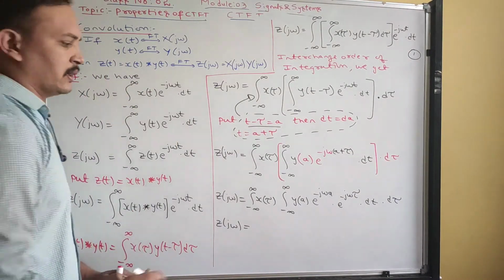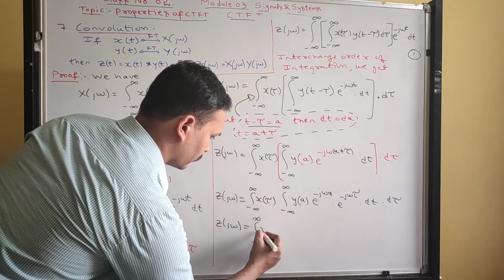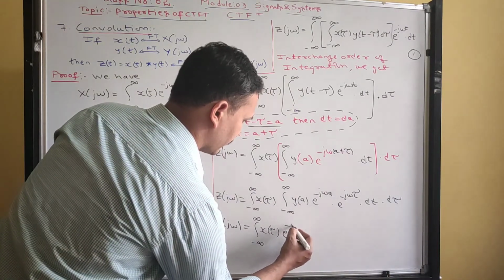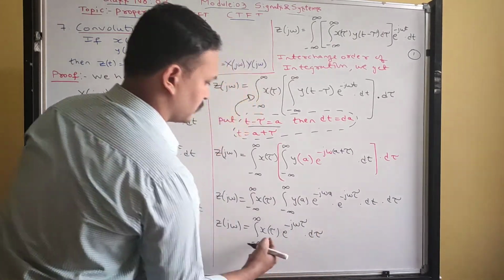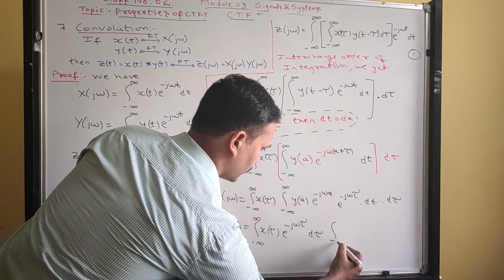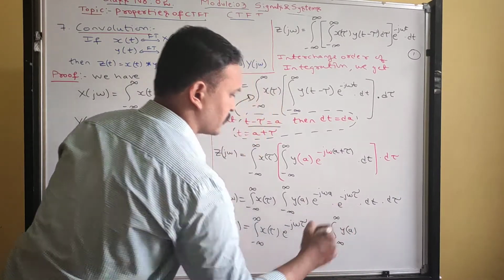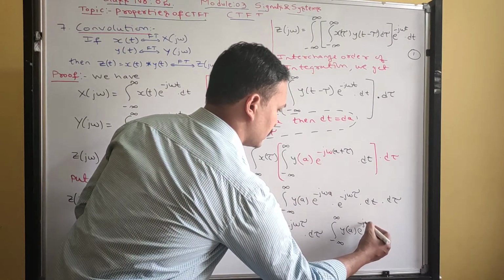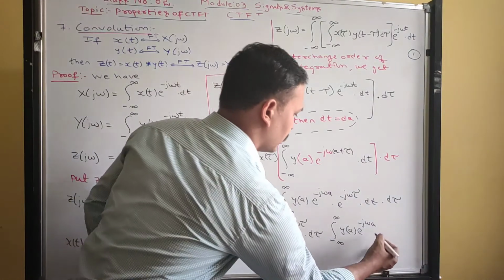We get integral from minus infinity to infinity x of tau e power minus j omega tau d tau as one term. Then another integral from minus infinity to infinity y of a, taking all a terms, y of a into e power minus j omega a into dA.